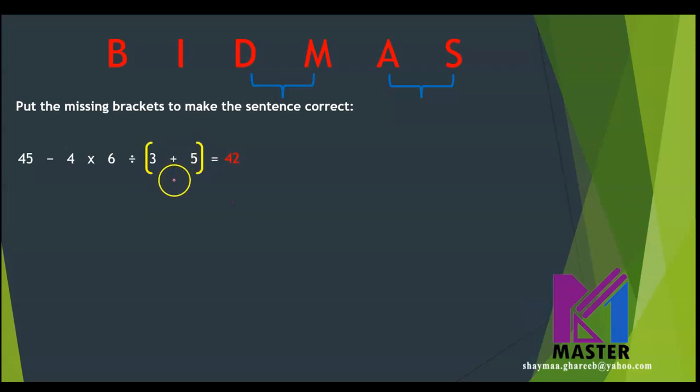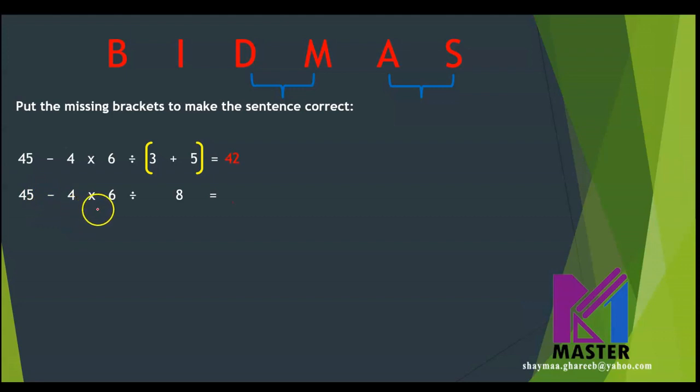If I put the bracket on the addition, that means I have to start with the bracket. So I will rewrite the whole sentence. Let's check together. I will rewrite the whole sentence and I will only replace the bracket with the number 8 because 3 plus 5 equals 8. Now I will solve the calculations.